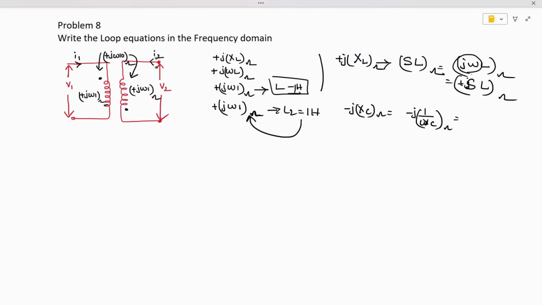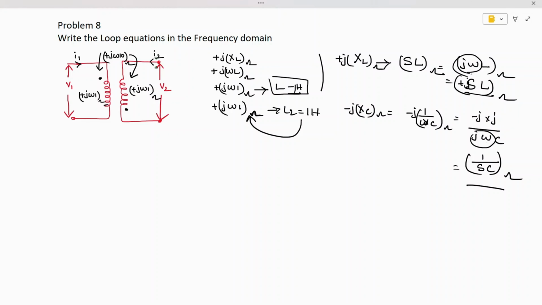Now I want to express this in terms of j, so multiply with j and divide with j in such a way that the answer is not changed. So j squared is minus 1, minus into minus is plus. So 1 by j omega C can be written as 1 by sC ohms. So this is the style of writing in terms of frequency domain, which has sL ohms and 1 by sC ohms.